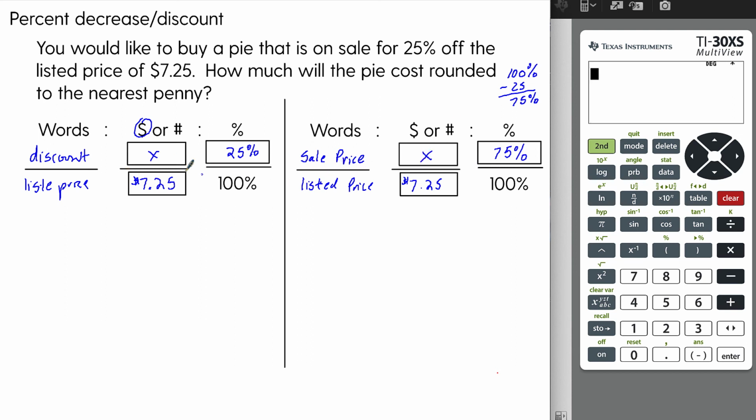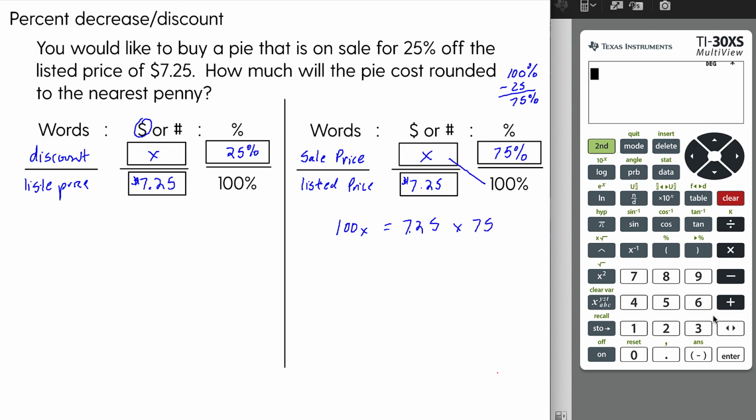Let's go ahead and solve for both of them. Let me actually do this one first because we've already subtracted over here. So again, what we'll do is cross multiply and then divide. So it'll be 100 times x, which will be 100x. And then 7.25, sorry, my pen is being a little weird here, 7.25 times 75%.